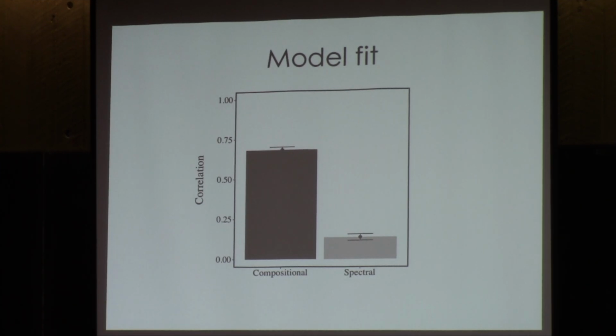So, by the way, I should say that maybe this goes some way towards addressing this concern about what if the compositional functions were just more complicated than the spectral mixture functions. So, whenever I show you model fit, what I'm doing is asking for all the functions, both compositional and spectral mixture functions, if I assume a particular prior, compositional or spectral, which of those priors will better explain people's behavioral data, right?